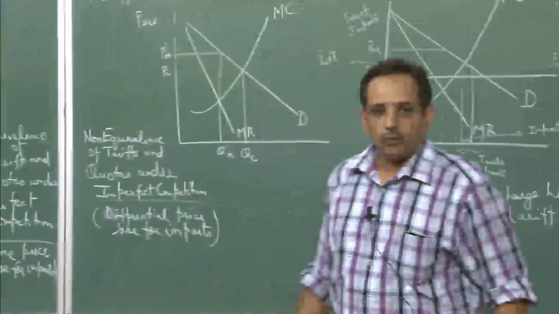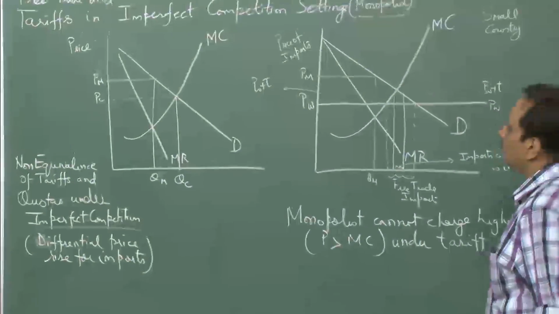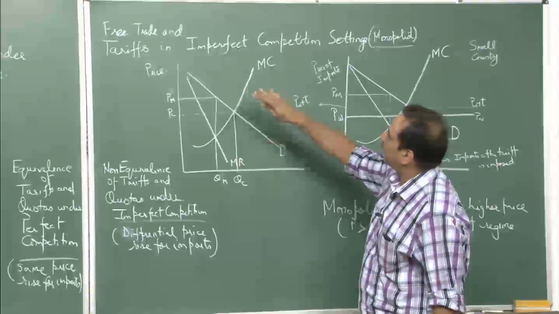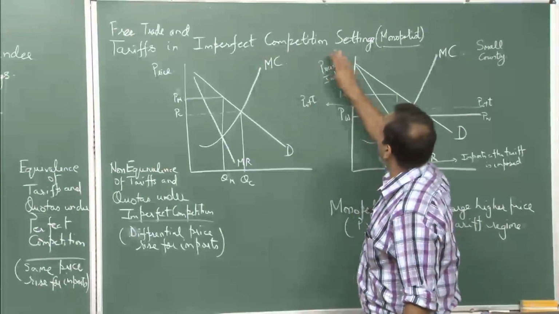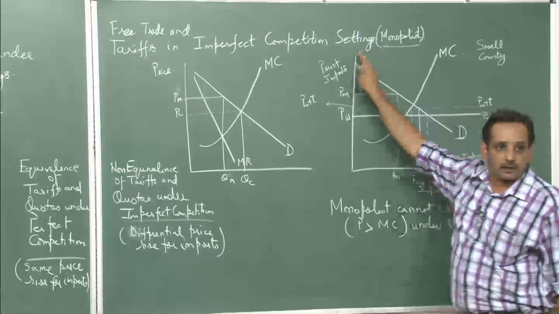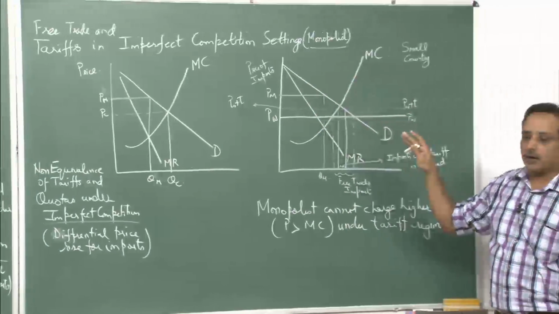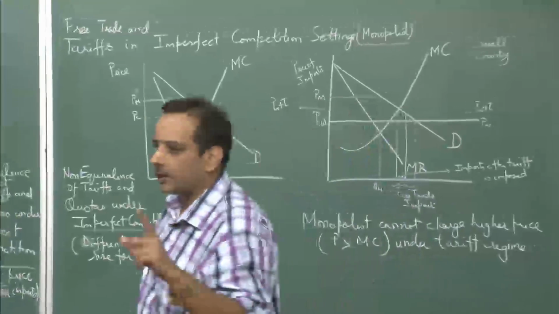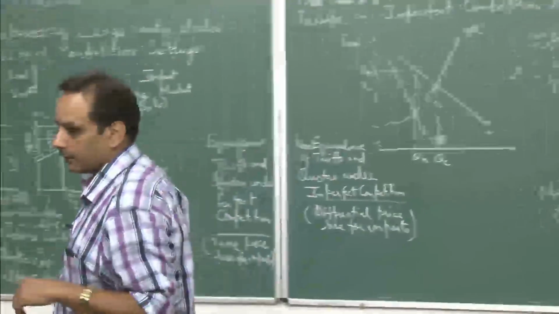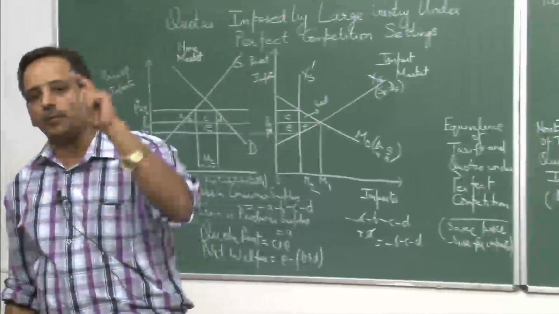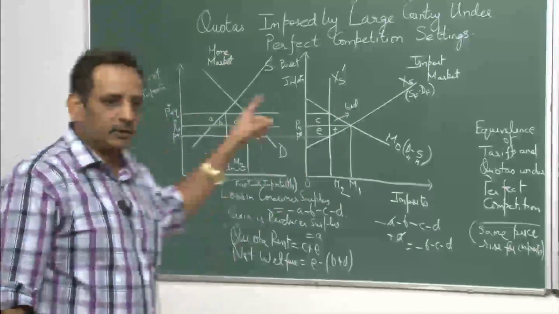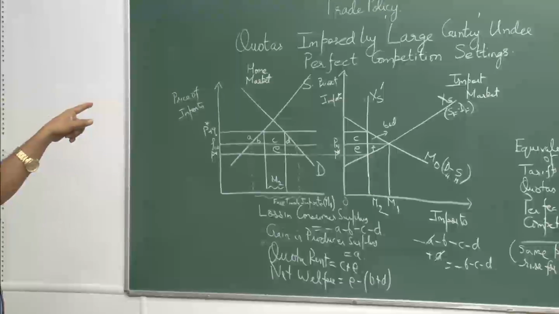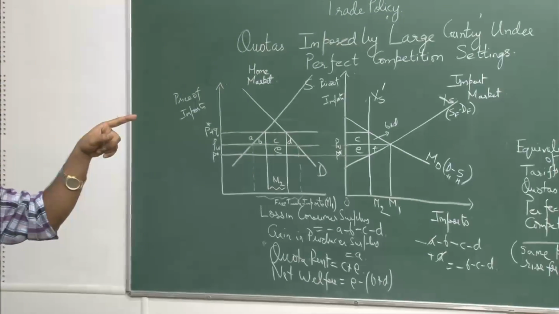So let us now move on to the situation of free trade and what happens if tariffs are imposed in imperfect competition settings. Now the difference is, earlier there were a large number of producers selling a homogeneous product in your country and you were importing the same product from outside. That was the situation of the perfect competition setting.